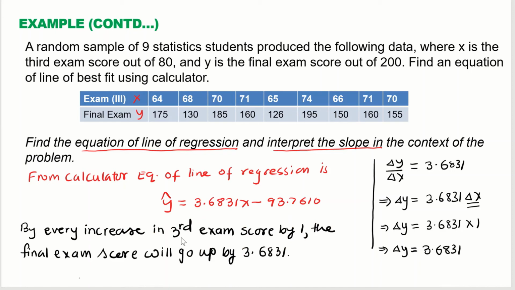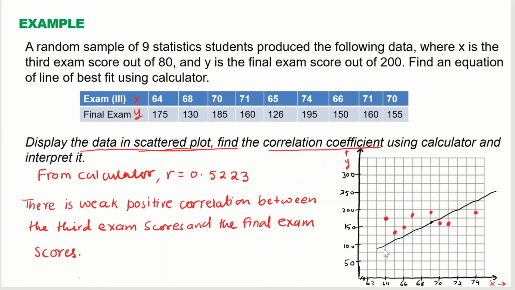For every increase in third exam score by 1, the final exam score will go up by 3.6831. Let me show this in the scatter plot. Suppose this is the line of best fit. Now, if you increase your third exam score by some value, let's say that is delta x, then your final exam score, delta y, will also increase because you have the positive slope.